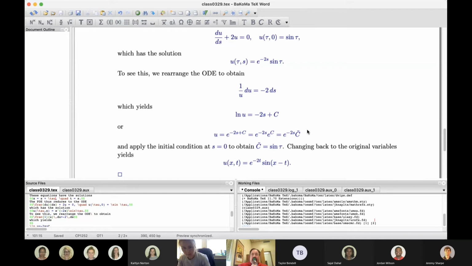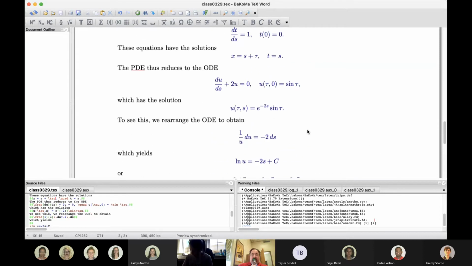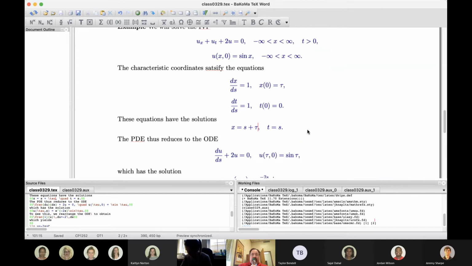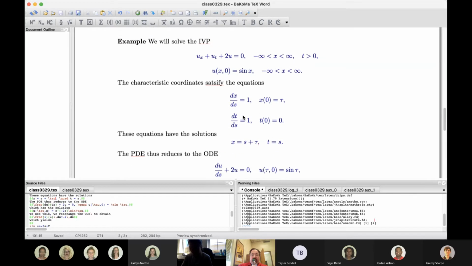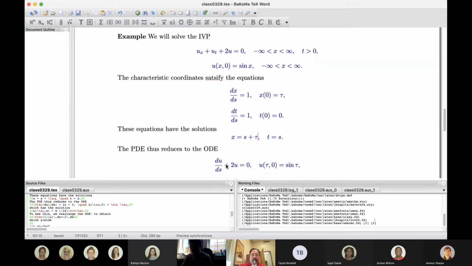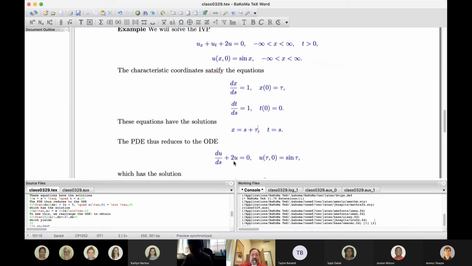And that's what goes in here. So from your PDE, write down the ODEs for characteristic equations with initial conditions. And we also have a reduced ODE for u. So really, you could write down all three of these at the same time. And then you go ahead and solve them to express x, t, and u in terms of the new variables, s and tau.